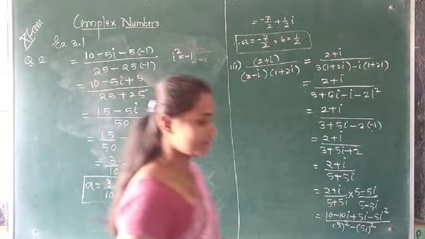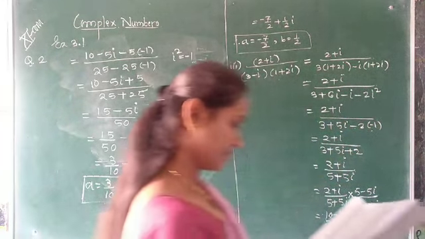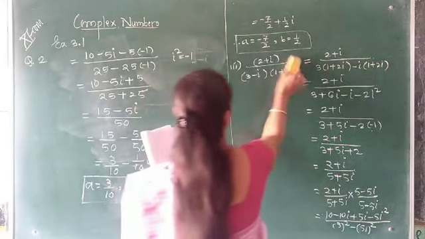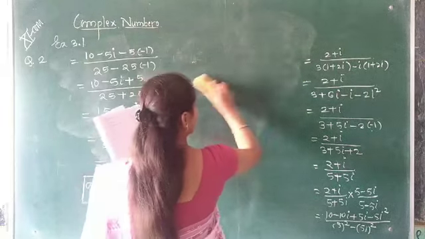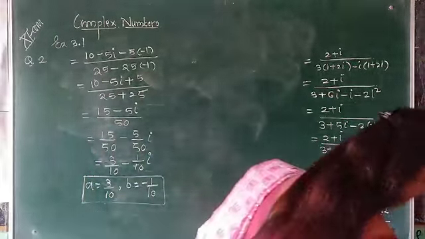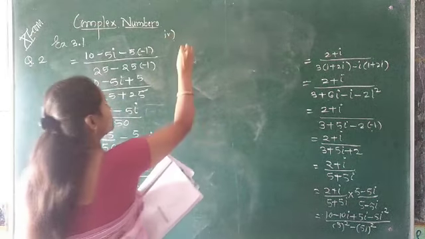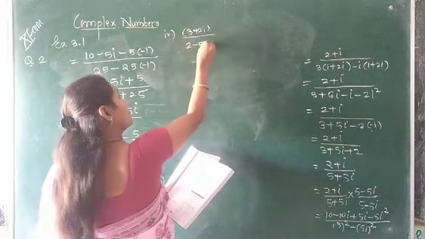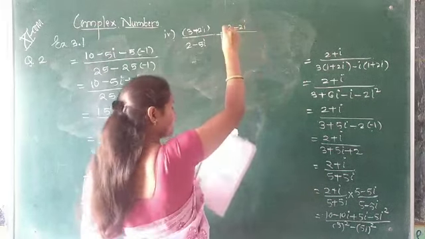Now see the next question. Question number 4: write very carefully, signs are very important. (3 plus 2i) divided by (2 minus 5i), plus (3 minus 2i) divided by (2 plus 5i).